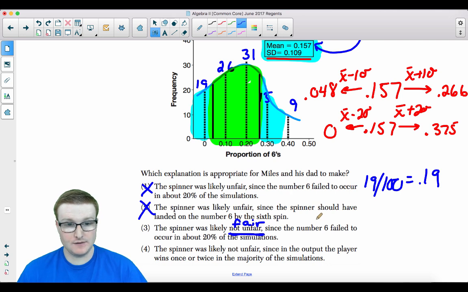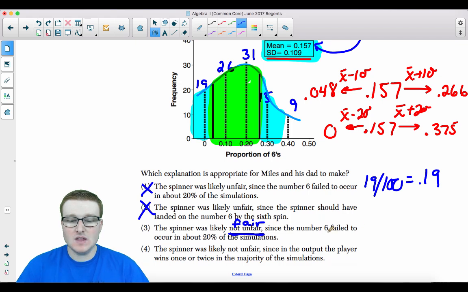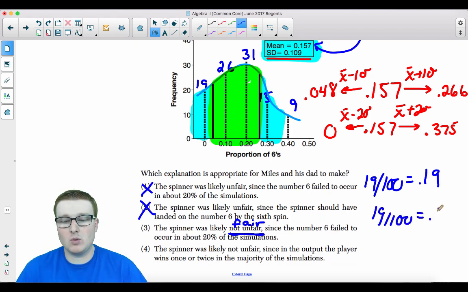So, again, the number 6, 19 over 100, that's equal to 0.19. That's very close to 20%.